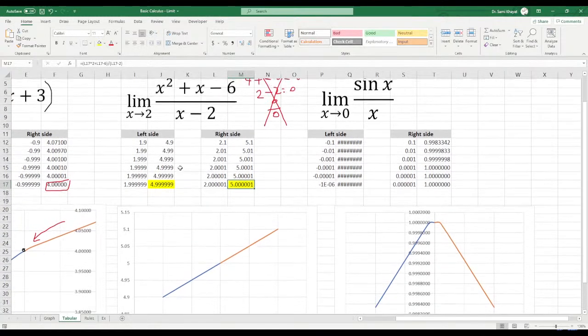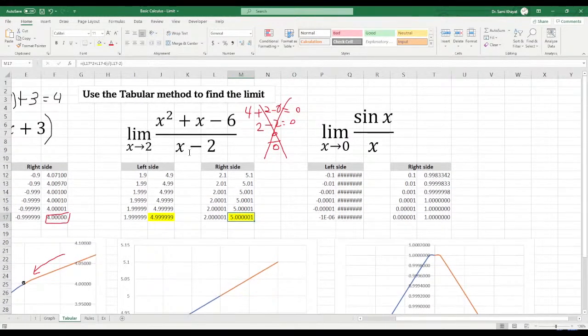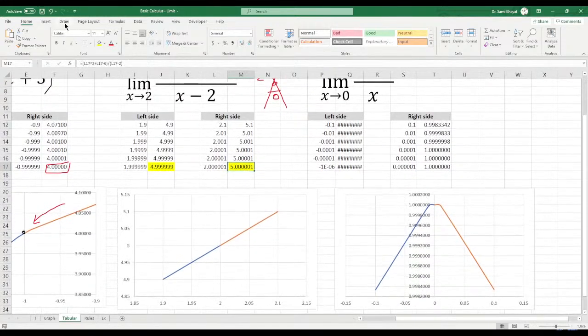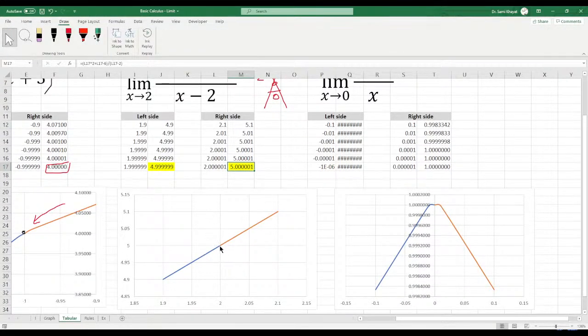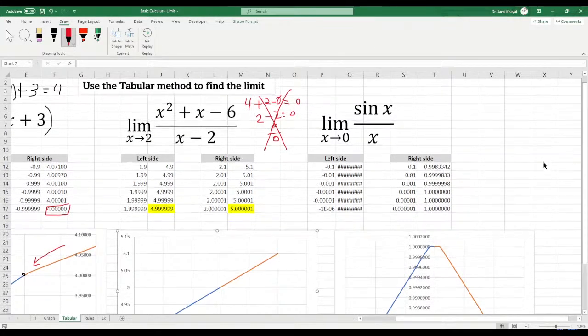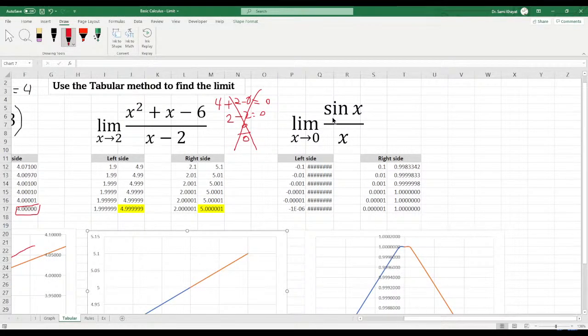Meaning the limit of this function is 5.